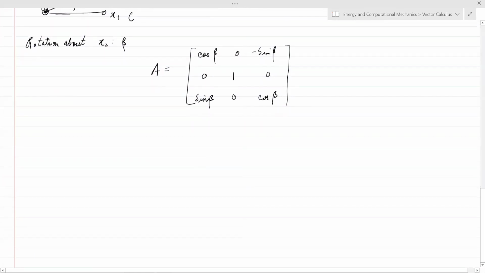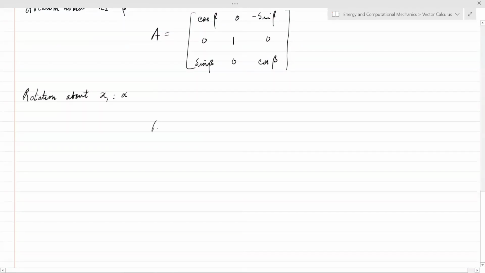And then we can do a rotation by x1 now of an amount alpha, and you'll find that A equals 1, 0, 0, 0 cosine alpha, sine alpha, 0 minus sine alpha, cosine alpha.